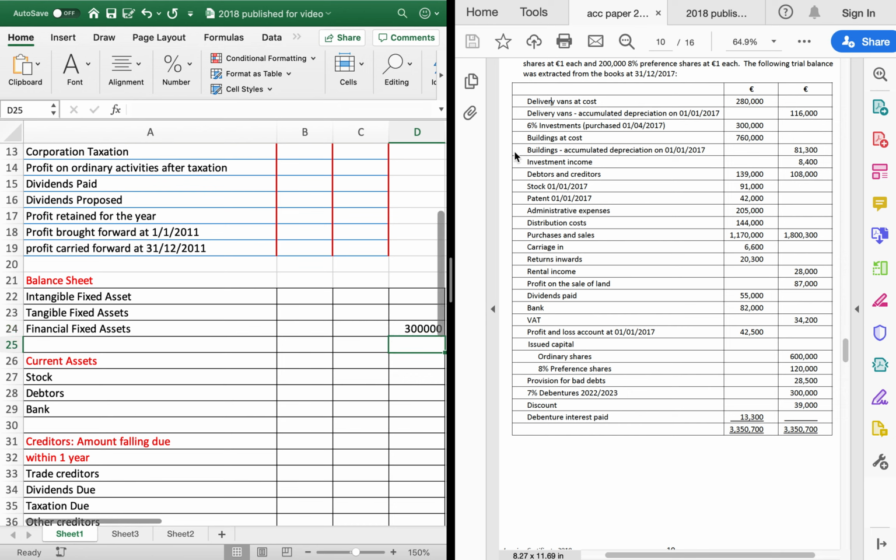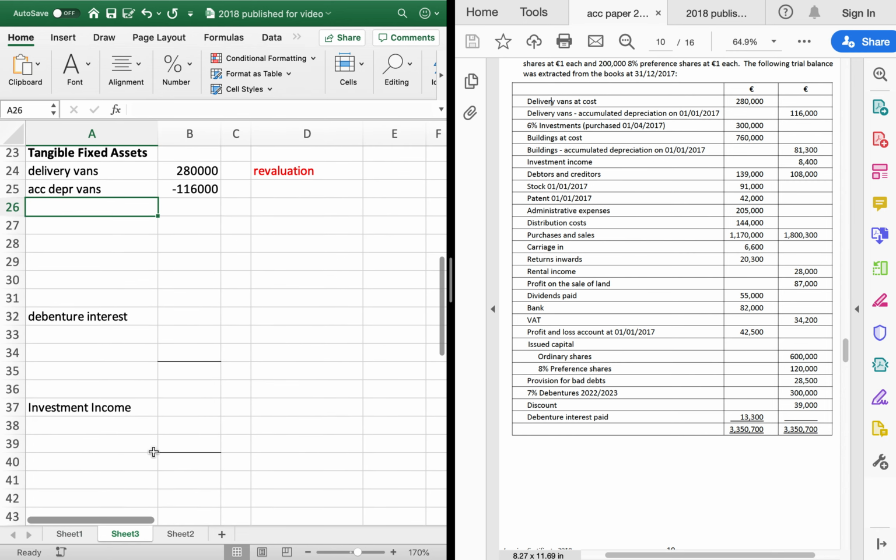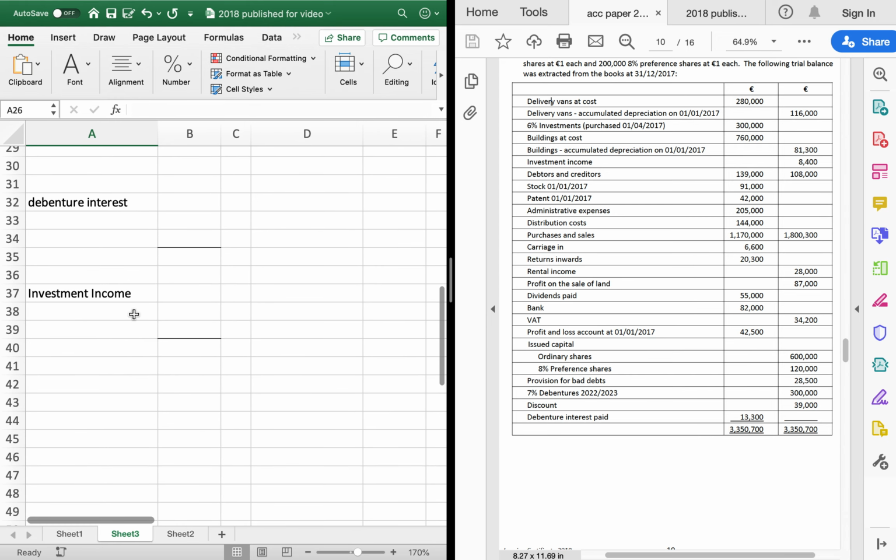Okay, on top of that, I'm going to work out what my investment income is. Now this is one of my very few workings on this question. So it's 6% of 300,000. You got them on the 1st of the 4th, so you have them for 9 months.